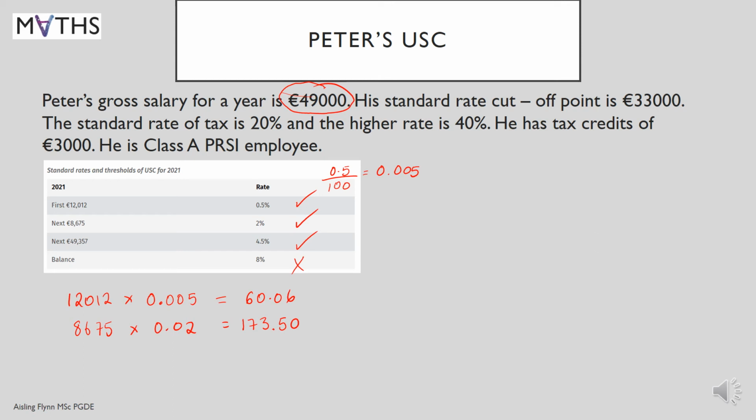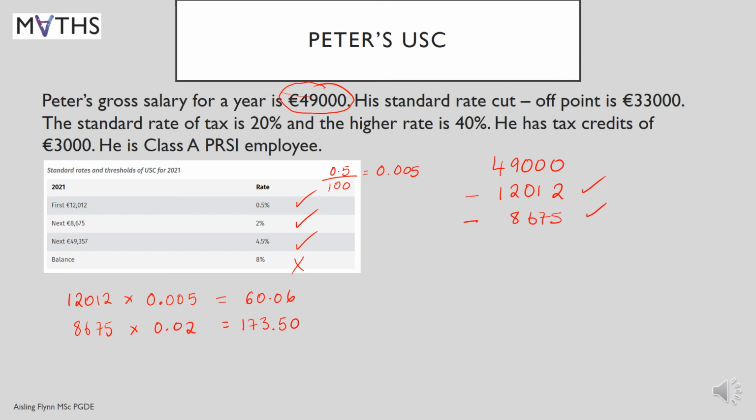Now this is the tricky part where USC comes in. How much is left to be taxed at 4.5%? Let's go back to his gross wages, 49,000. Some of that has already been taxed and we're going to take it out. So €12,012 has already been taxed, so we'll remove that from the lump sum, and so has €8,675.